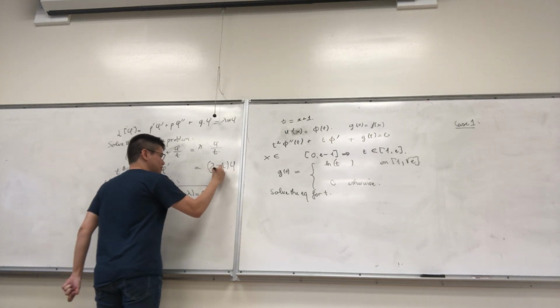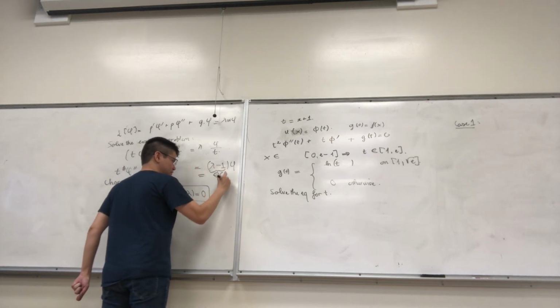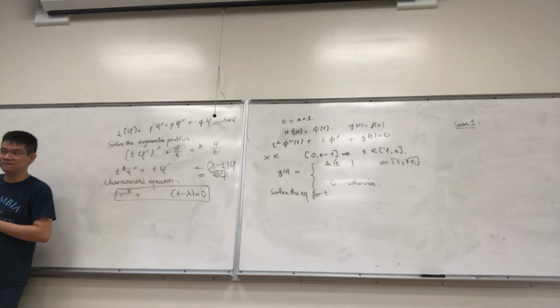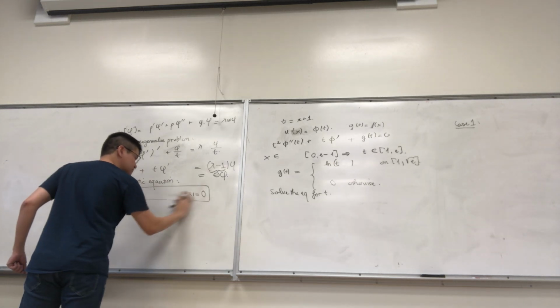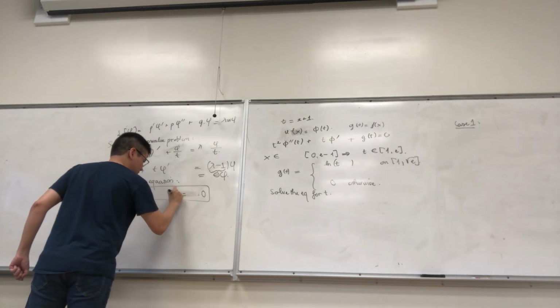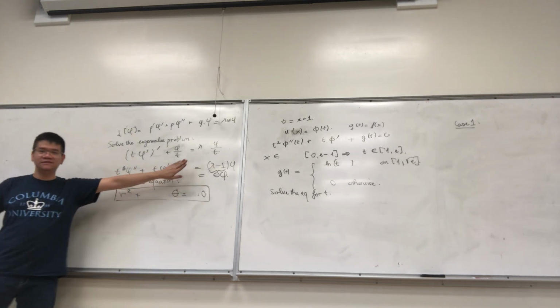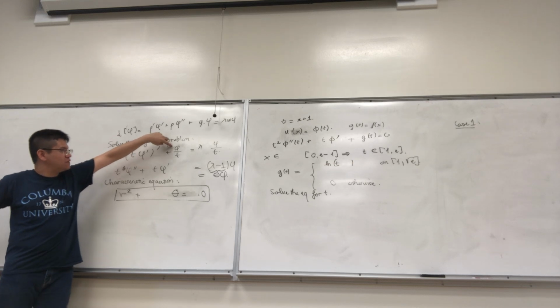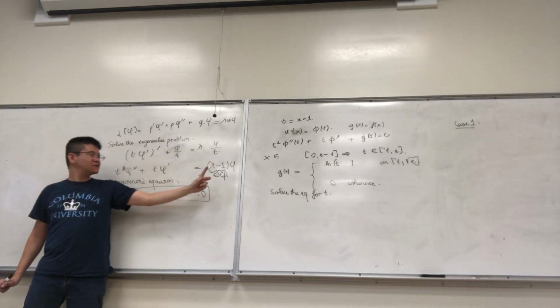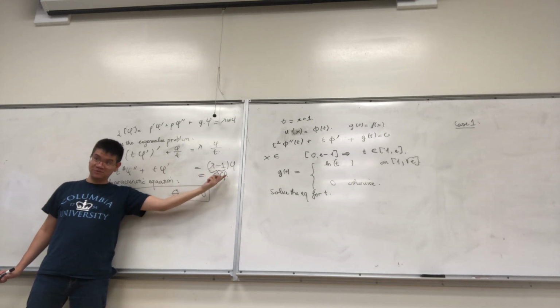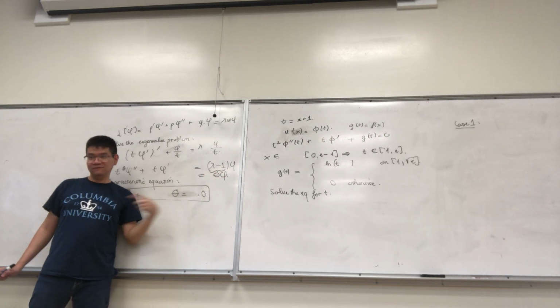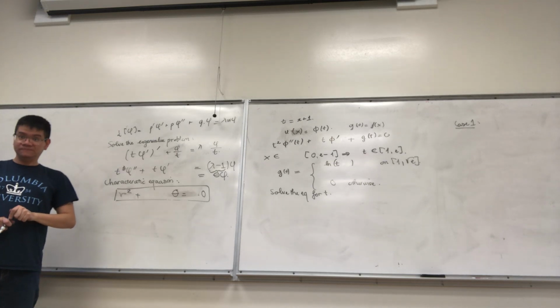And this I can put to be theta. So this is theta phi. So that we don't have to deal with the 1 minus lambda. All right. So what I did is that here I have 1 phi and here I have lambda phi. So I just group them together and I have 1 minus theta, lambda minus 1, and I put that to be theta. All right? It's good?